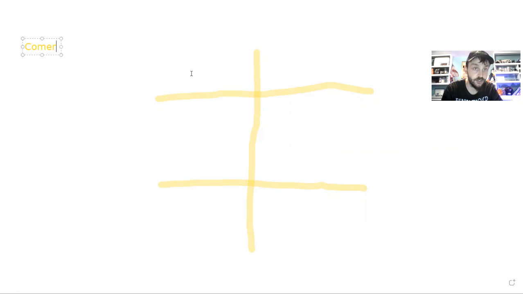So for the Spanish verb comer, in the yo form you have como. And in the tú form, you have comes. In the él, ella, y usted form, you have come.